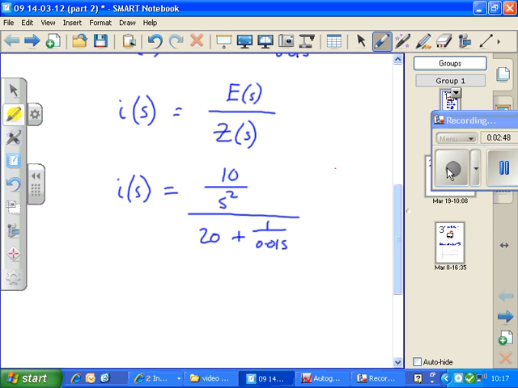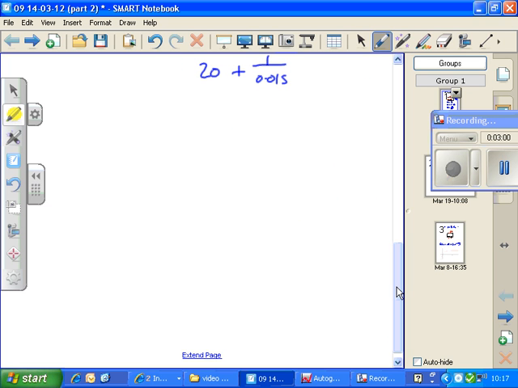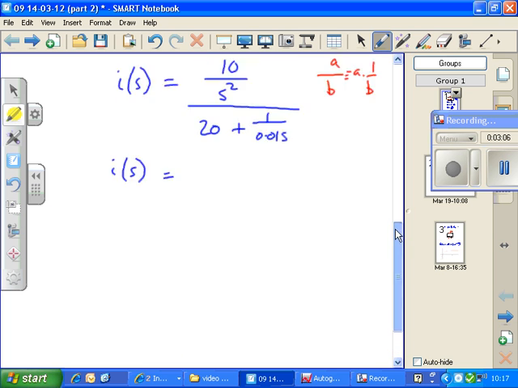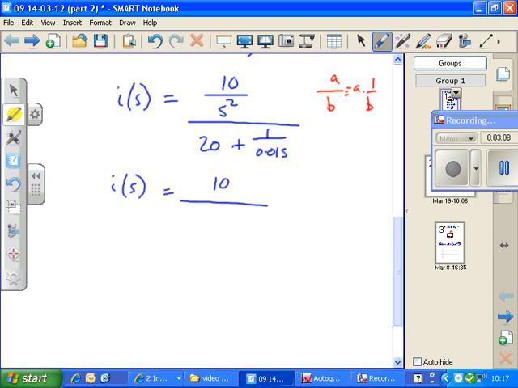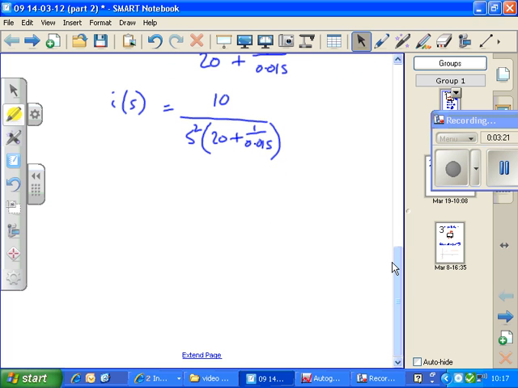Remember, if I do say A divided by B, as we talked about before, this is equivalent to A times 1 over B. So we'll end up with I(S) equals 10 over S squared times 20 plus 1 over 0.01 S, effectively. Now multiply out the brackets at the bottom and then try tidying up from there.